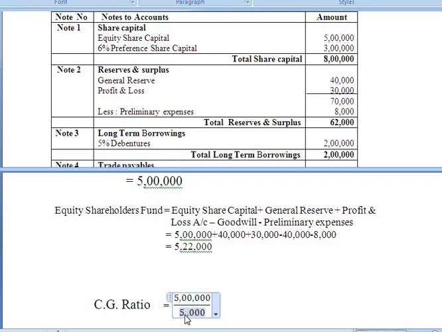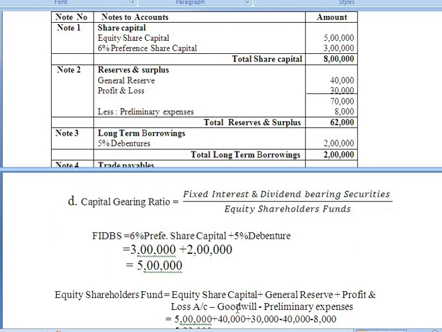So 5 lakh divided by 5 lakh 22,000 is equal to 0.95:1. Okay, this is the capital gearing ratio, the ratio between equity shareholders fund and the fixed interest and dividend bearing funds.